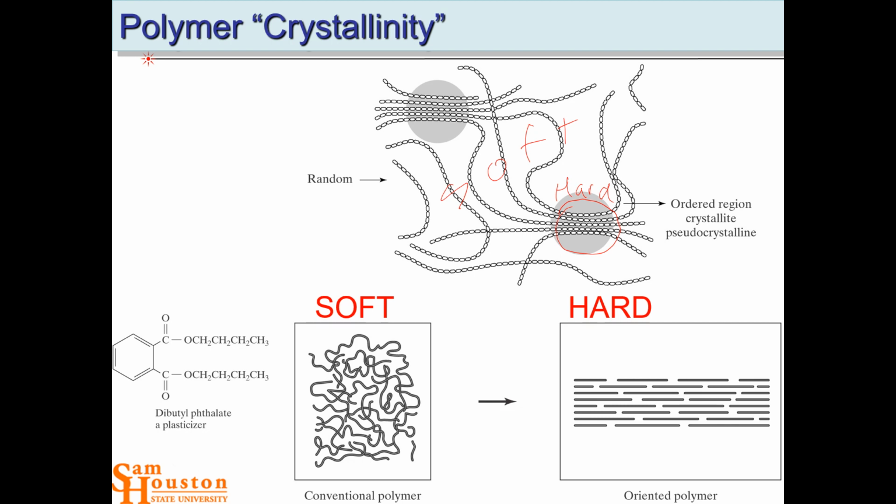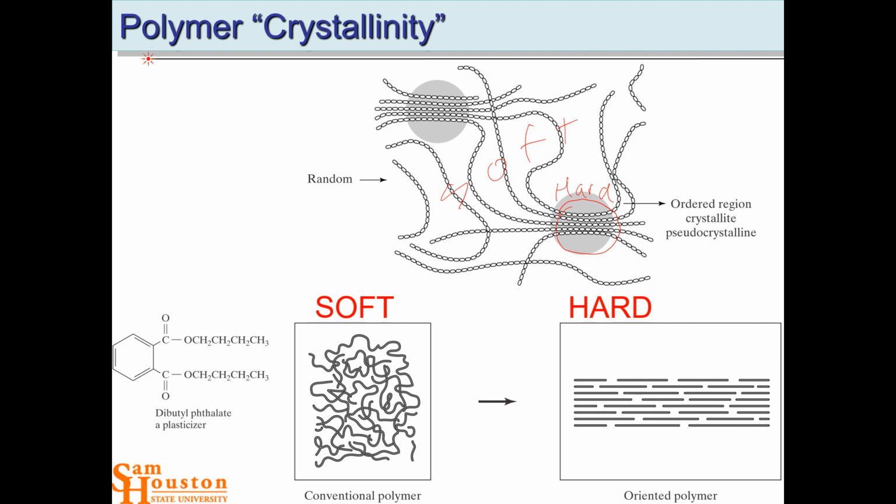Now, if this is a polymer that should be flexible, and expand when it gets hot and contract when it gets cold and not crack, then you want it to be soft and pliable. If it starts to crystallize, then when it expands and contracts, you may break some of these soft regions and you might form cracks.